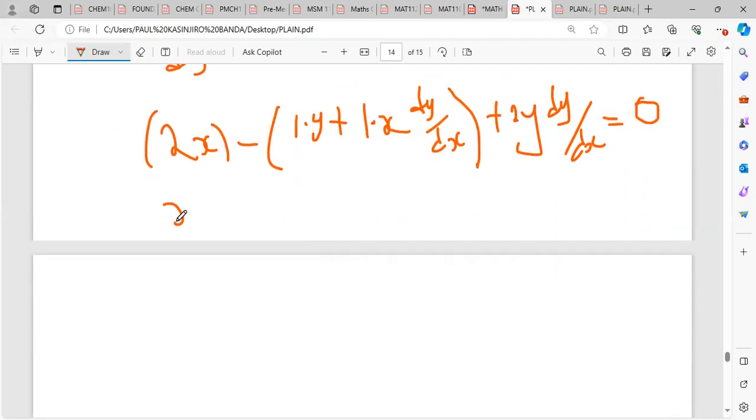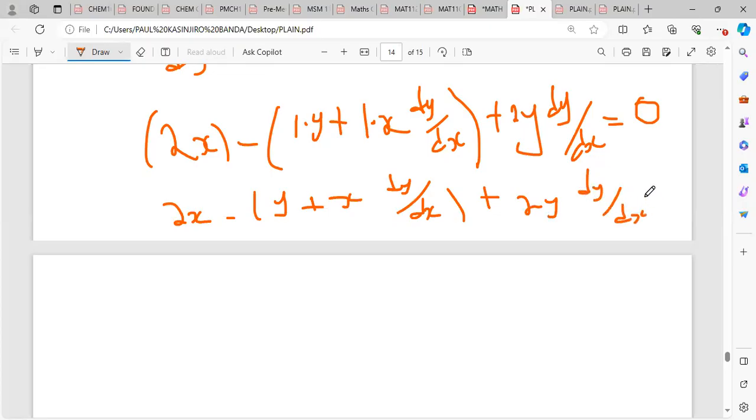Meaning we are going to have 2x there, minus whatever is in the bracket, 1 by y, it's just y, plus 1 multiplied by whatever we have there is just x dy dx. Then plus, what do we have there? We just have 2y dy dx. And this will be equals to 0.